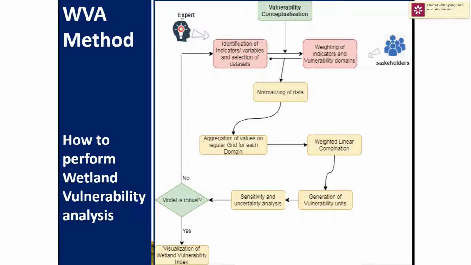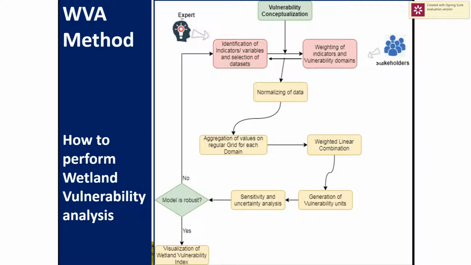So in summary, the way of conducting the wetland vulnerability analysis is that, one, the assessment team, which consists of the experts in wetlands and the stakeholders, conduct a conceptualization of vulnerability of a wetland.